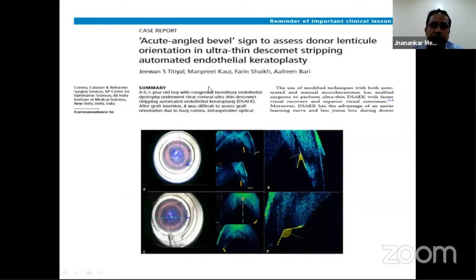There's a case report about this by Professor Titiyal, which says that it has been named as the acute angle bevel sign to assess the donor lenticule orientation in Descemet stripping automated endothelial keratoplasty, or in patients where you have very dense corneal opacity and you are not able to judge your graft orientation well.